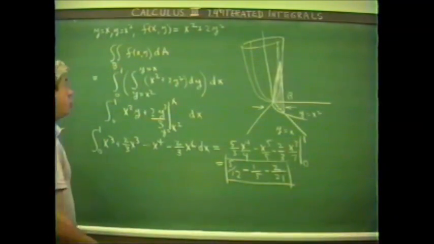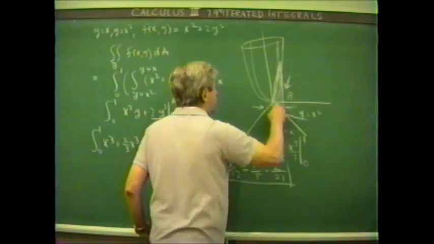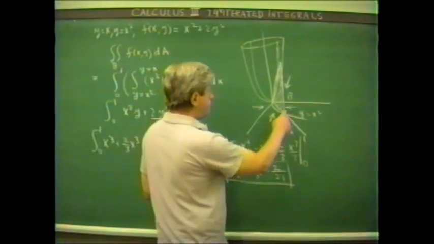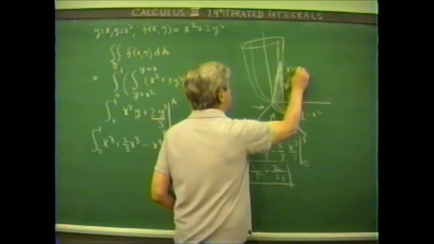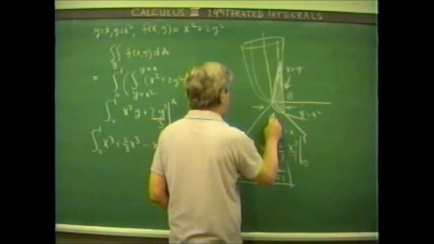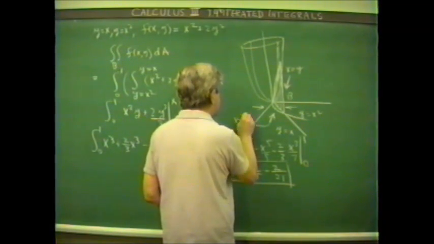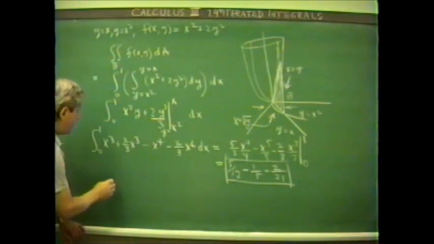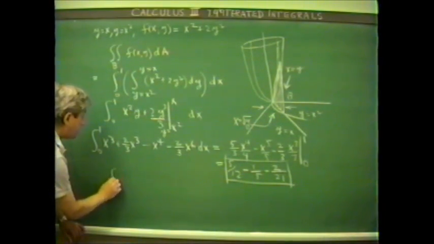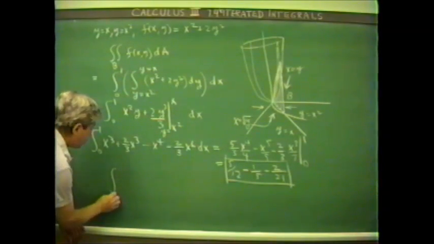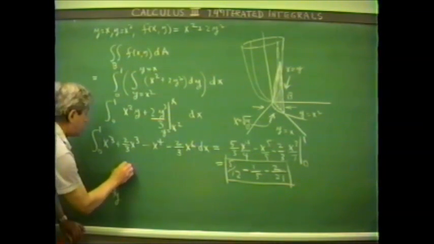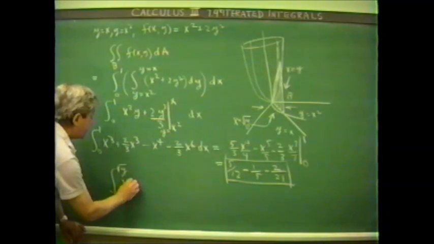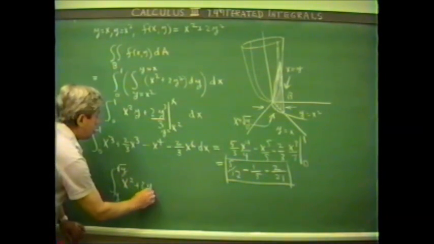We could have done this otherwise. We could have come from this direction here and this direction here, and notice that here x equals y, and here in this direction x equals the square root of y. Right? So what we could have done with this is we could have integrated from the lower function y to the upper function the square root of y, our original f, x squared plus 2y squared.